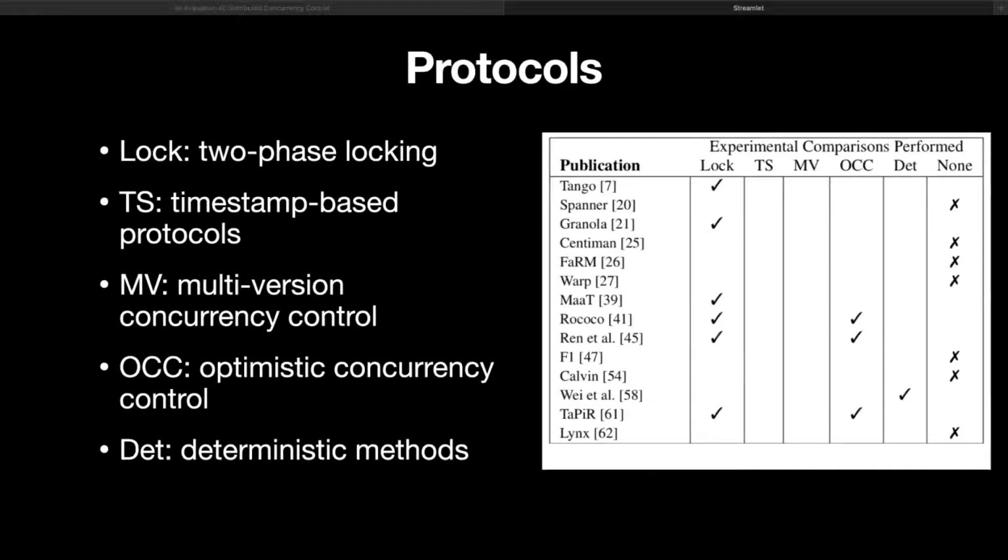Only 3 compared against OCC, and only 1 compared against the deterministic methods, protocols which follow the deterministic technique. The last one is more understandable because this technique is more recent, but the lack of comparisons for the rest is really unfortunate to see. So that's the problem this paper tries to solve.